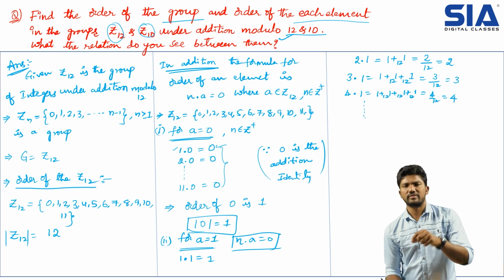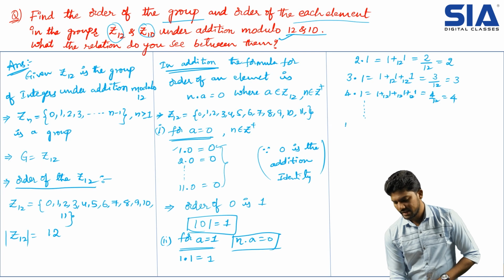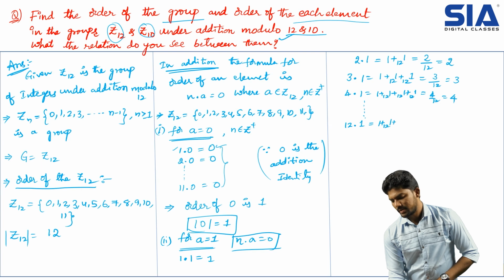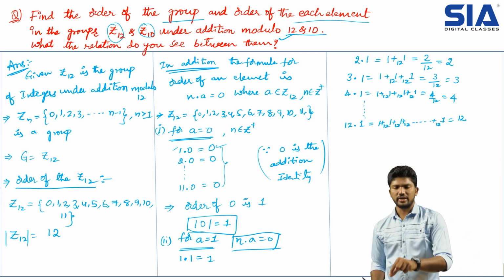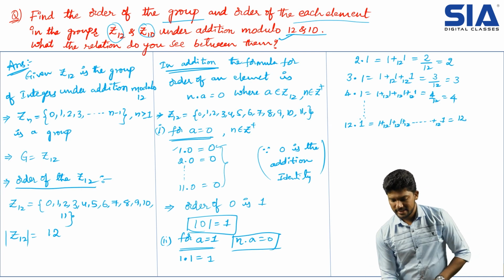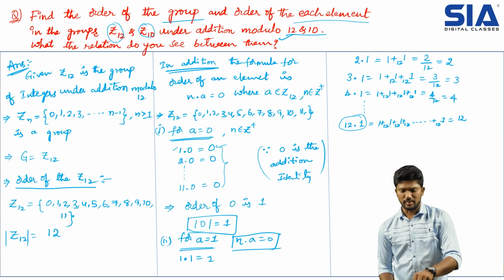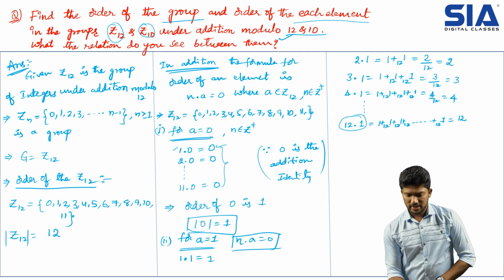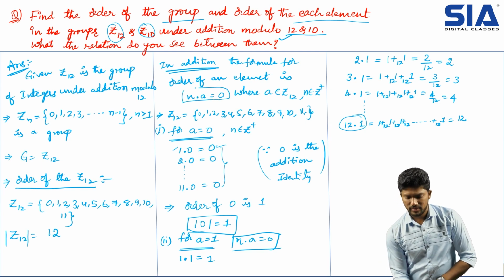Whenever n is equal to 12 and a is equal to 1, you will get 1 addition modulo 12 plus 1 addition modulo 12 plus 1, and so on, up to 12 into 1 is equal to 12. In the formula, I clearly mentioned that the original formula is n into a is equal to 0.